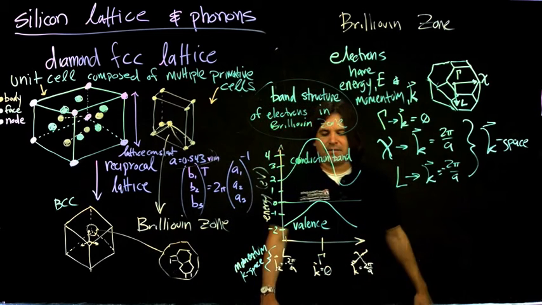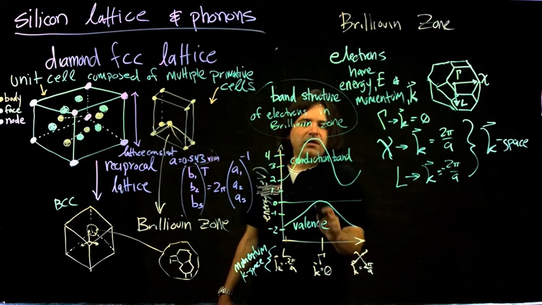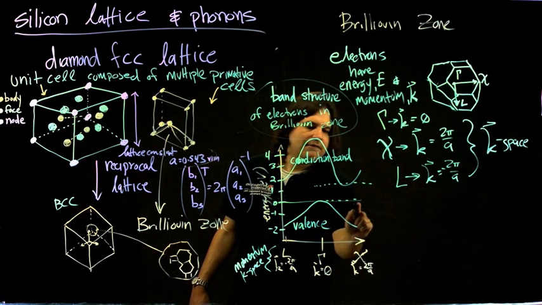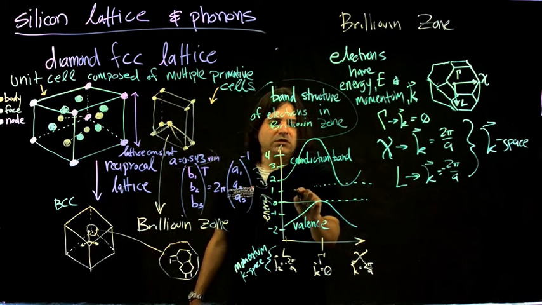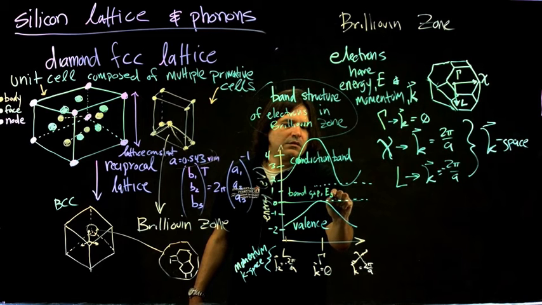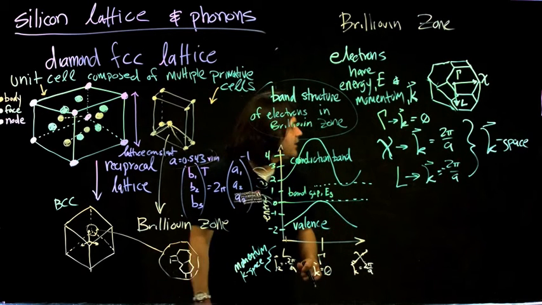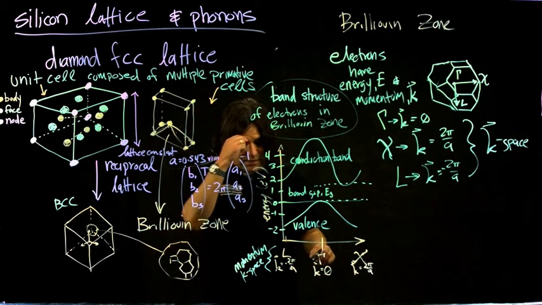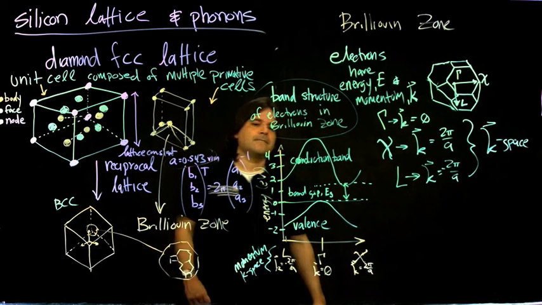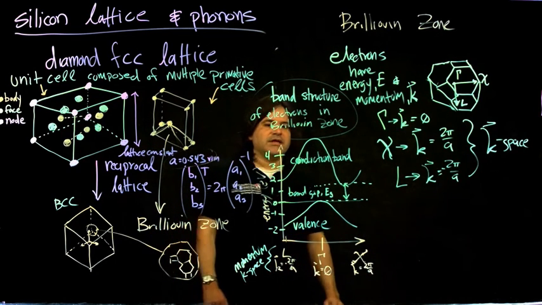And this band gap that we've been talking about actually has a second dimension, momentum. So this is the band gap, and that's like the minimum difference.